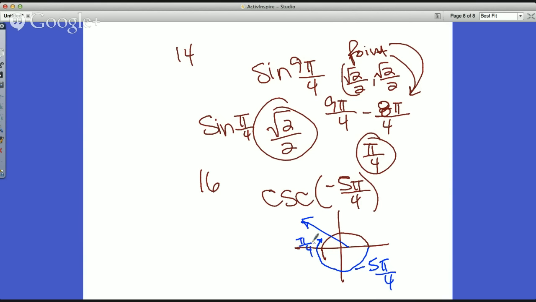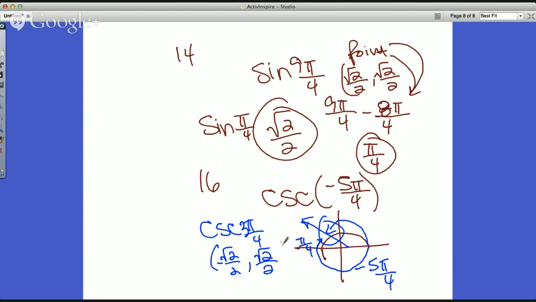So when setting this up, my question is what is cosecant of pi over 4? Actually it's going to be 3 pi over 4 if I was going in the positive direction here. At 3 pi over 4, I know my points are square root of 2 over 2, comma, square root of 2 over 2 with the x being negative.